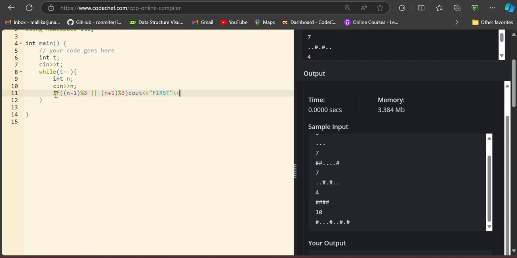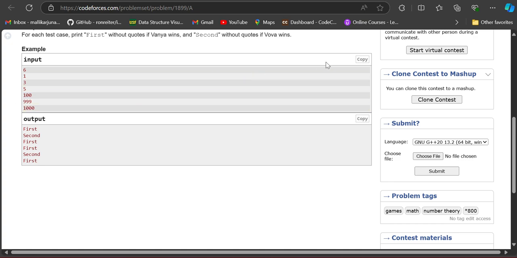First player is the winner, right? Else, if he is not the winner, okay, second one is the winner. For all these test cases.